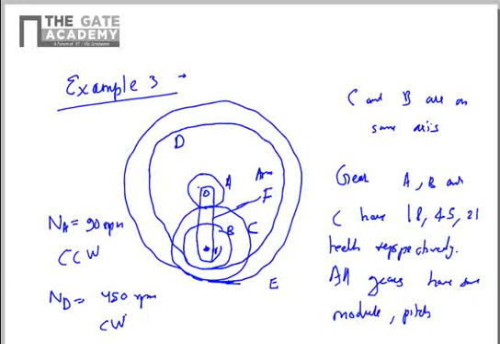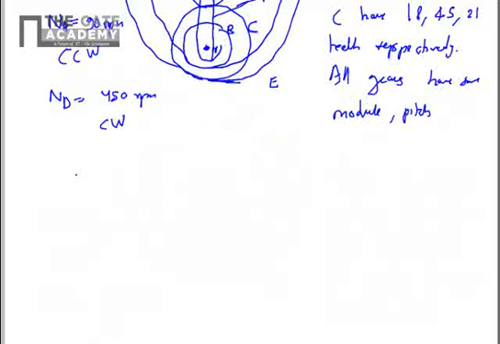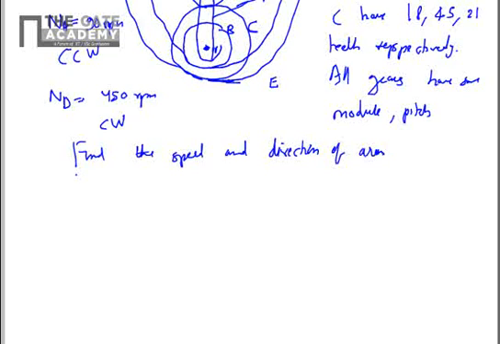With this limited information, the question asked is to find the rotational speed and direction of arm F and gear E.